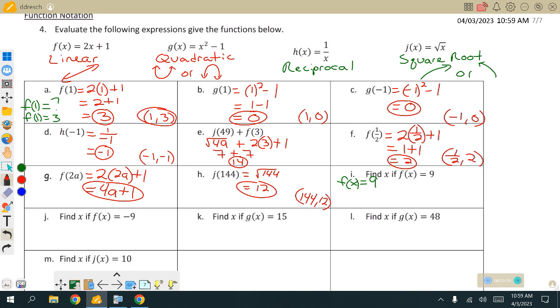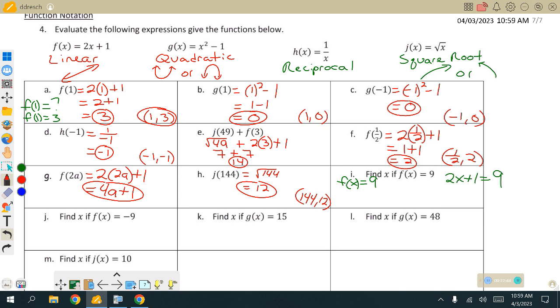So what we want to know here is, what does x have to be in order to get 9? What you're going to be doing now is setting up equations. So 2x plus 1, what does that x have to be in order to get 9? You're going to have to set up equations now and solve them out.